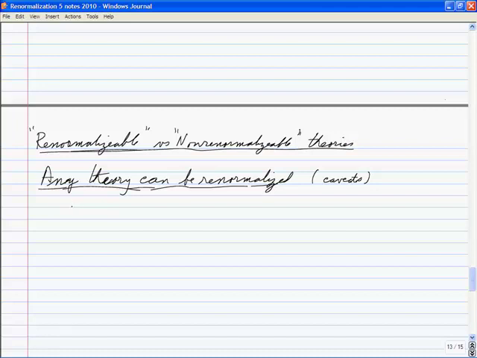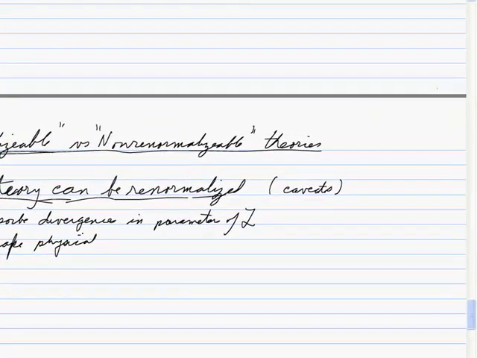And what does that mean? It means that you can absorb the divergences into the parameters of the Lagrangian and make physical predictions using measured parameters.